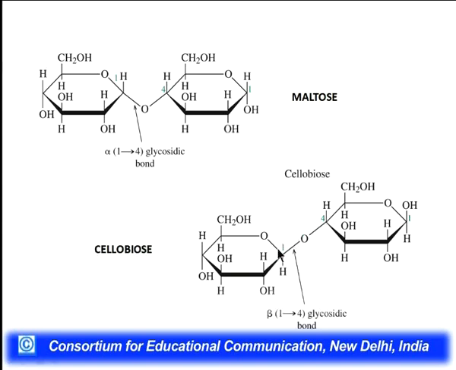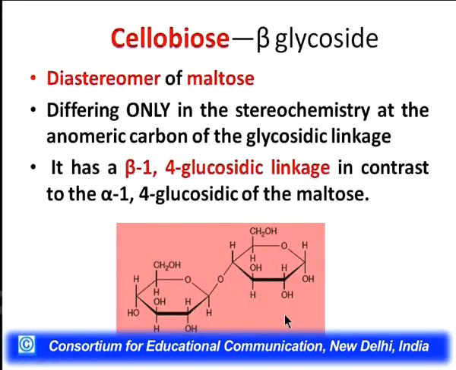And when the configuration here is beta, the linkage is different, and since the linkage is different, cellobiose will be a diastereomer of maltose. Although both are made up of glucose, the only difference is that they differ in configuration at the anomeric carbon. Here the linkage is alpha 1,4, whereas in this case the linkage is beta 1,4 glycosidic linkage.